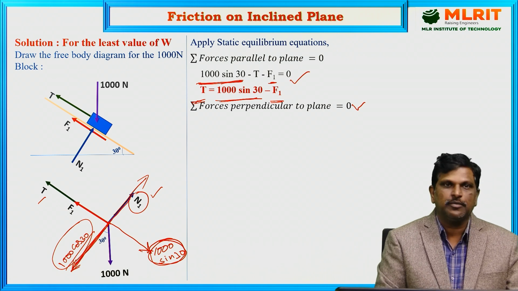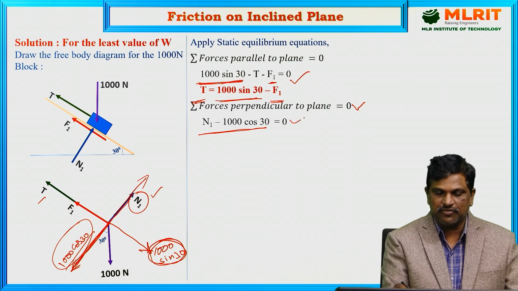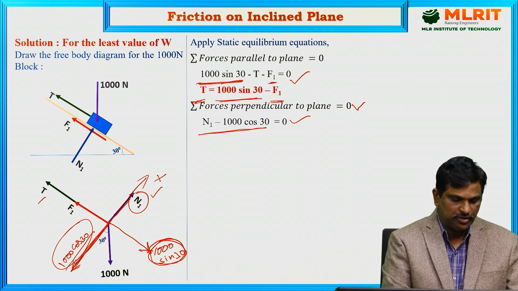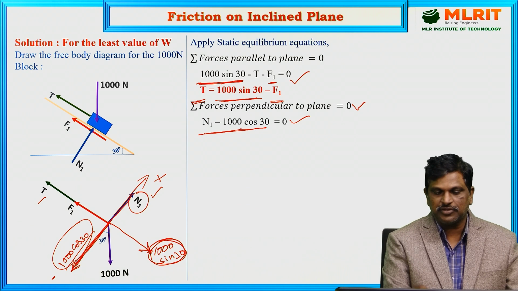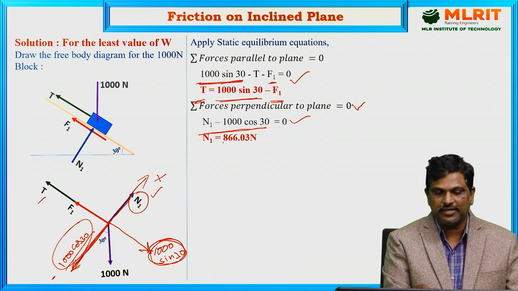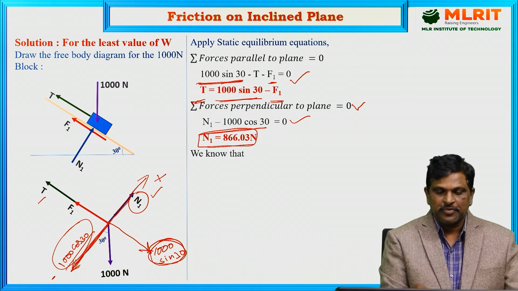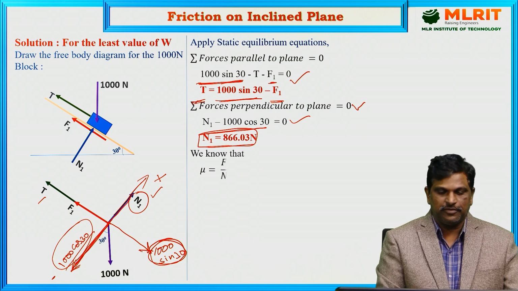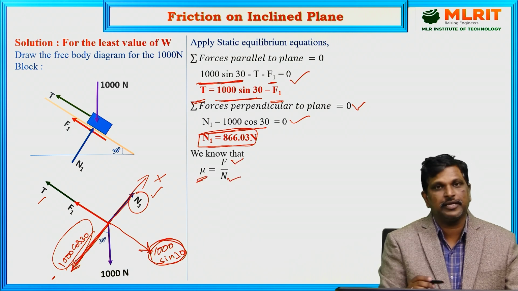N1 minus 1000 cos 30 is equal to 0. I am assuming N1 positive, and the opposite side automatically will be negative. N1 is equal to 1000 cos 30, which is equal to 866.03.